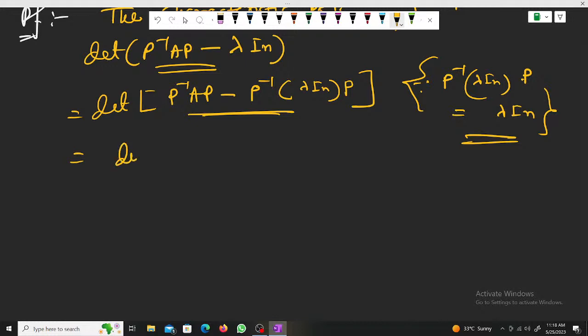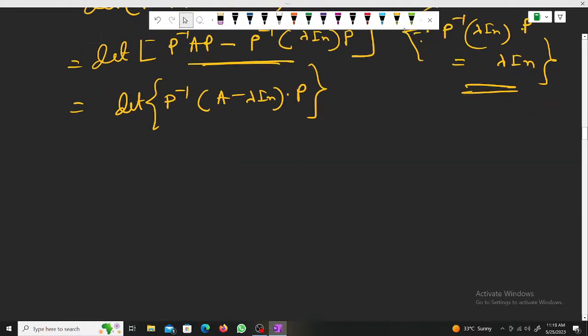Now this can be written as determinant of P inverse into A minus lambda I n into P. If I take P inverse and P common, then it comes in this form.